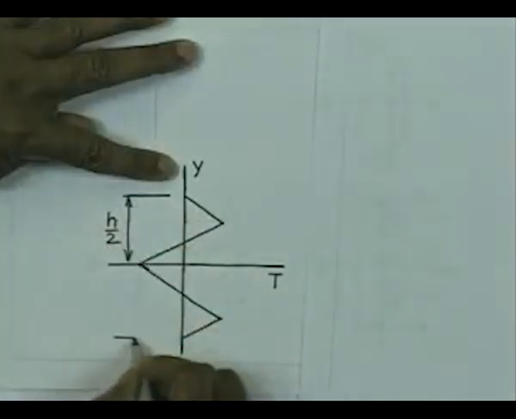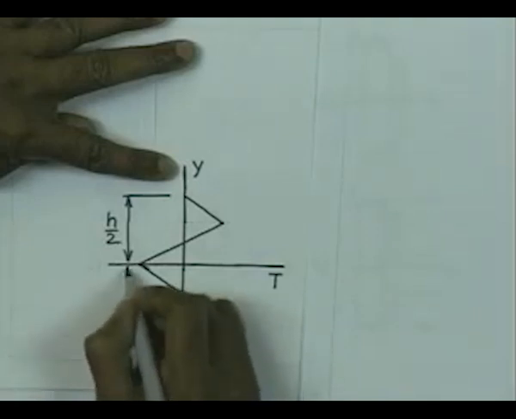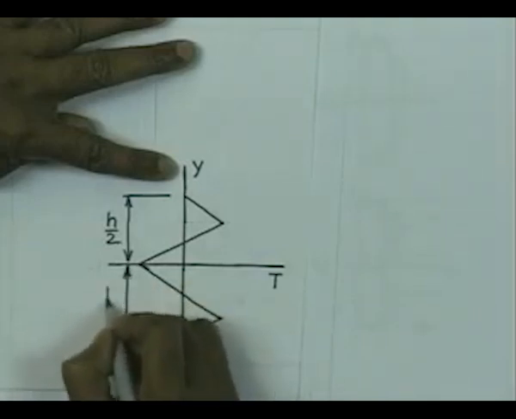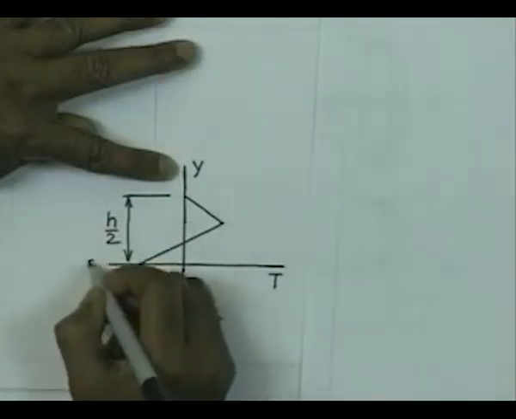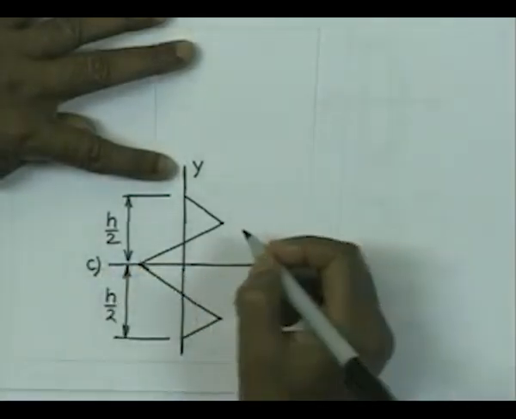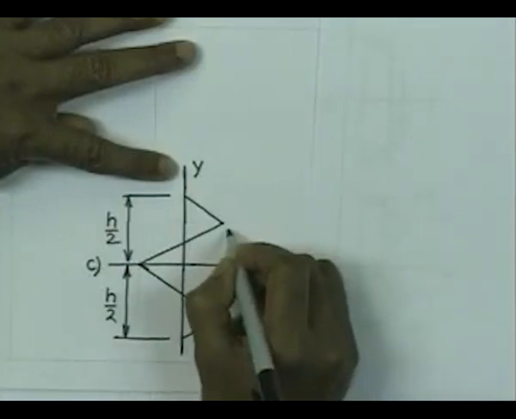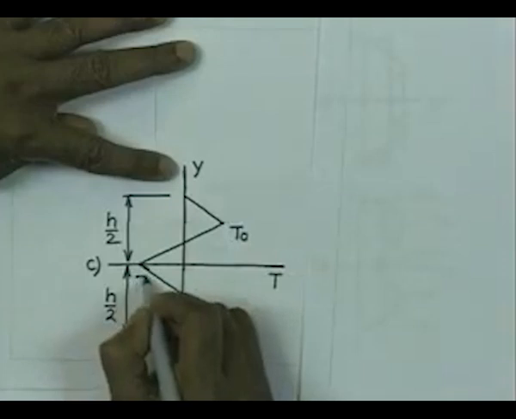So, also here h by 2. Let us consider that this is the case number C, and the temperature is given here that this is T0. So, also this value is also T0. Of course, this is negative T0.